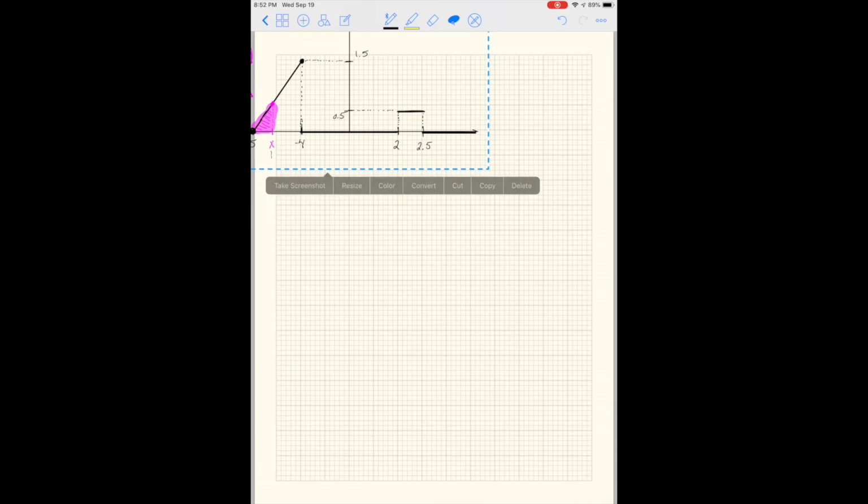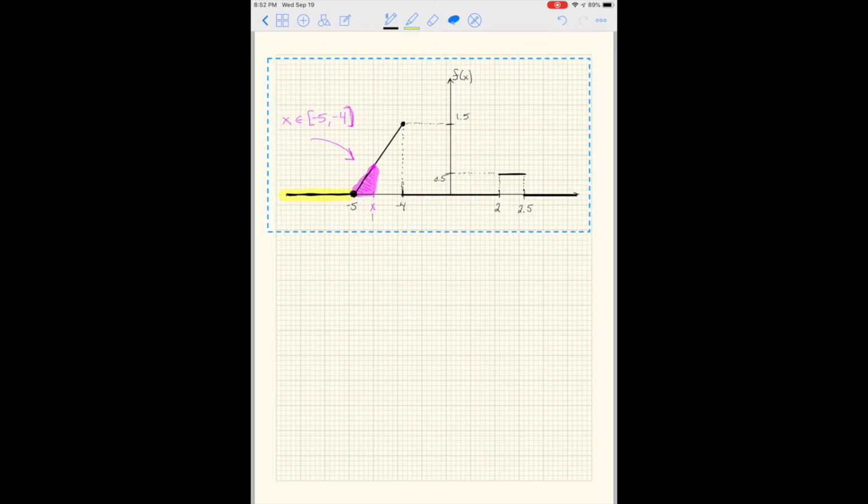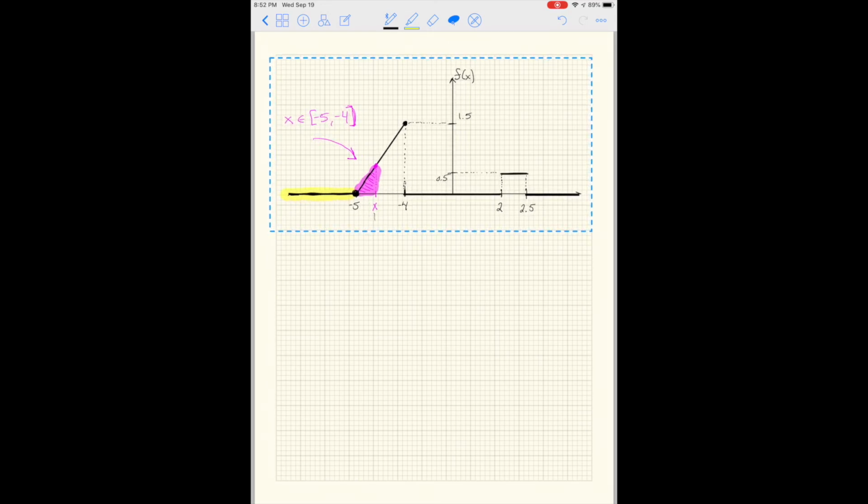So this was that previous case that we've been working on. And so now we're in the case where x is between 2 and 2.5.